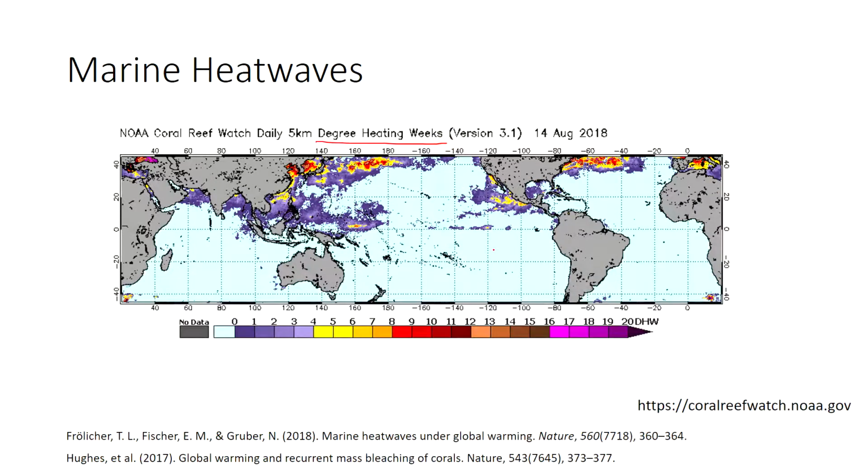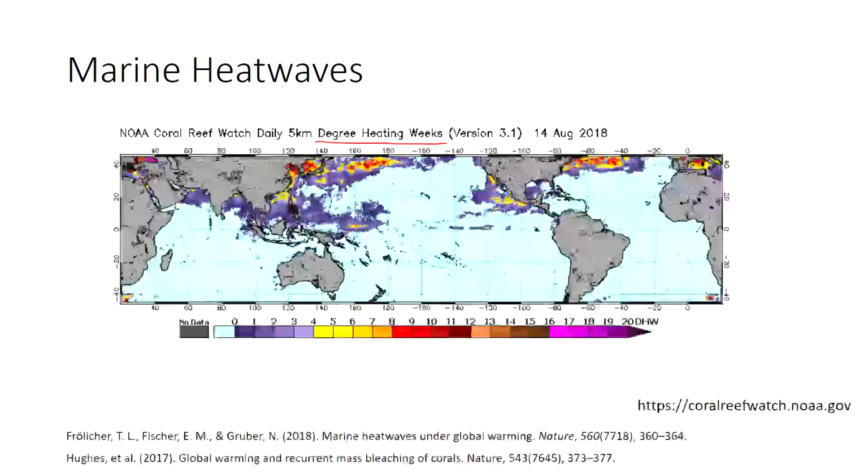For each pixel in the map, we're looking at how many degrees warmer, times the number of weeks it has been that warmer in that pixel, compared to the long-term average. So these purple regions have been 1 or 2 degrees warmer for maybe 1 week, or 1 degree warmer for 2 weeks.